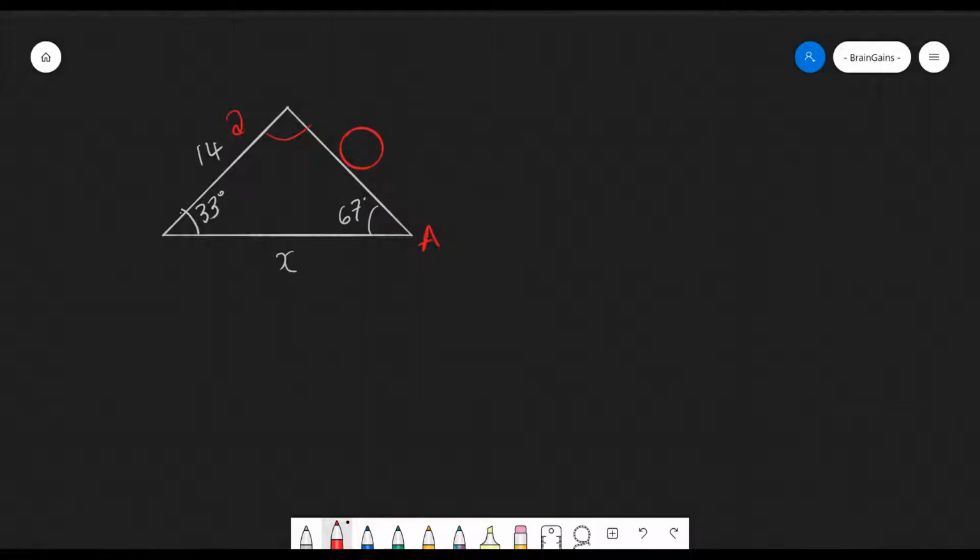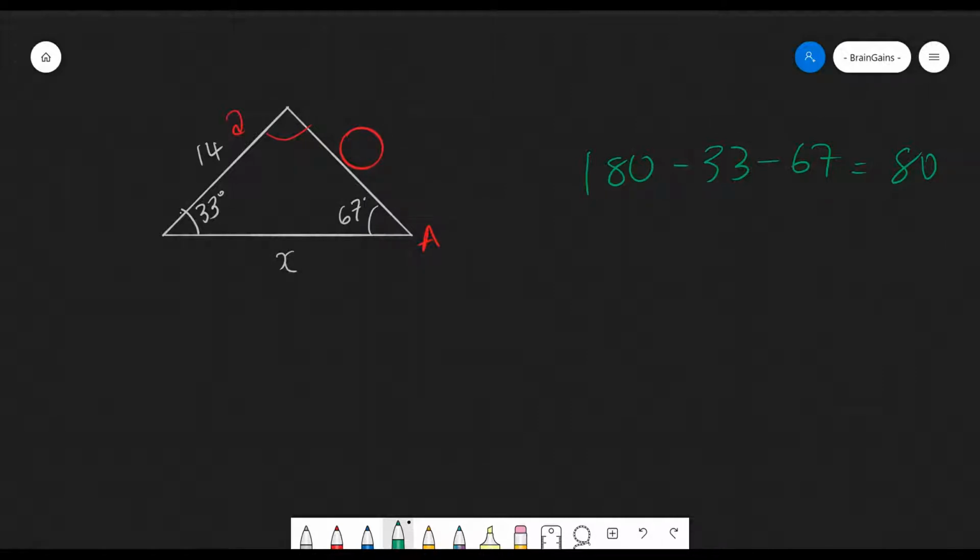Well, we know that angles in a triangle add up to 180 degrees. So first, we would subtract 33 and 67 from 180. So we have 180 minus 33 minus 67, and that would give us 80 degrees.